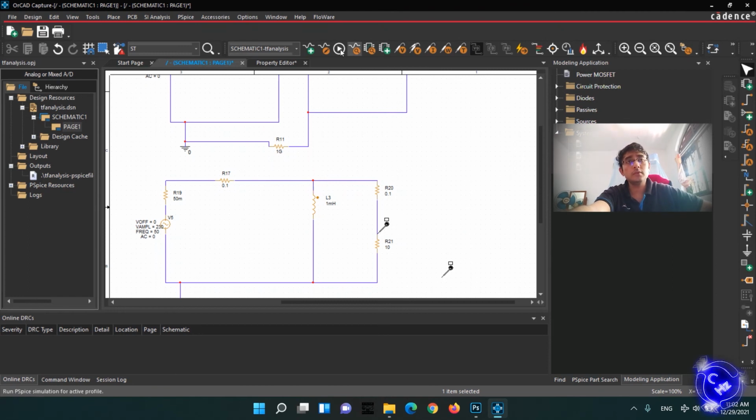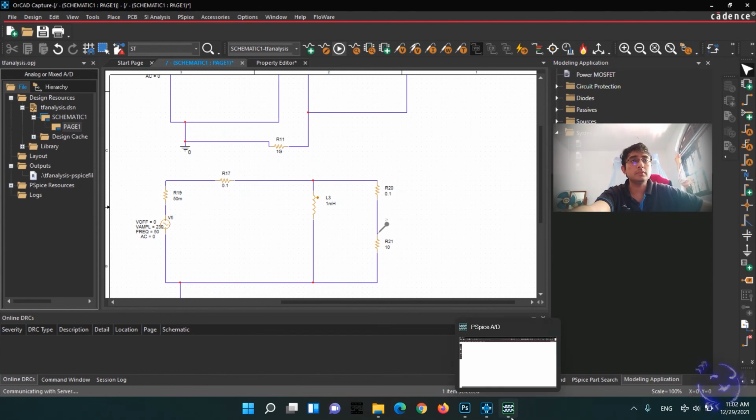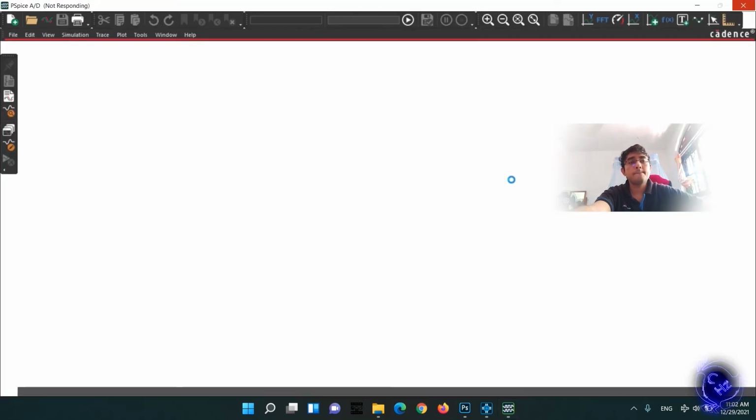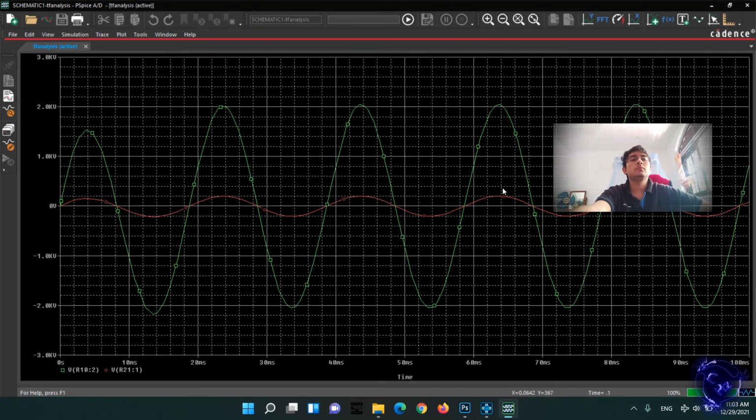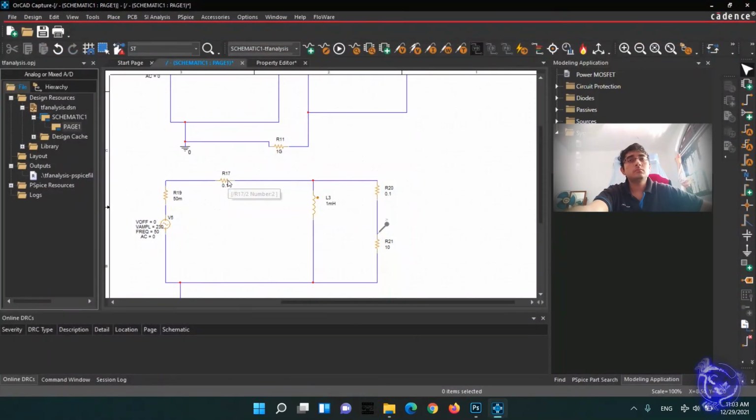Let's see the output voltage. This is the output voltage of my original circuit, and this is the output voltage of my referred to primary circuit. Do I get the same output or not? I don't get the same output.